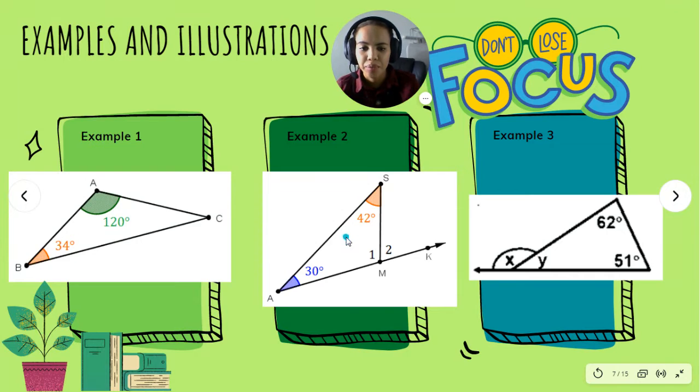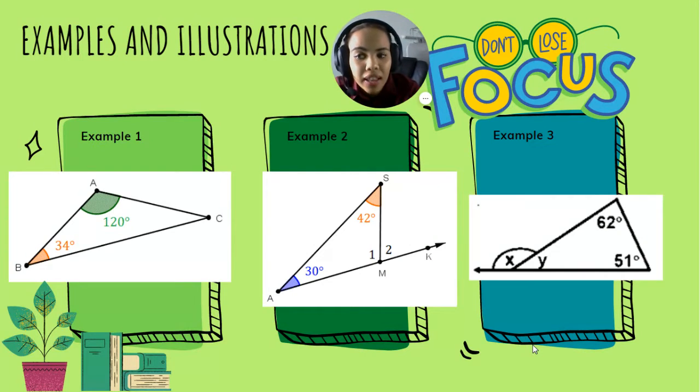Example number 2, can you find angle 1 and can you find angle 2? And the same for number 3. This time, however, you need to find angle X and angle Y. There's many different ways you can find these angles, but it's up to you.